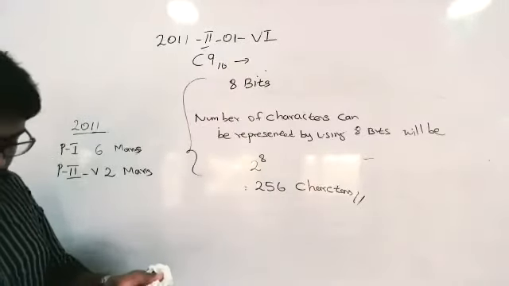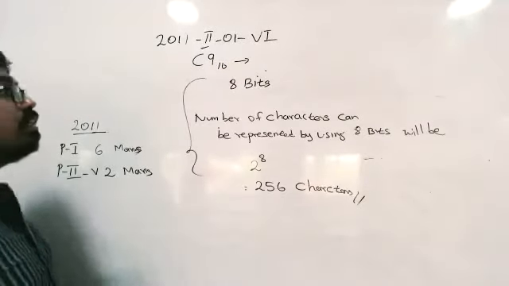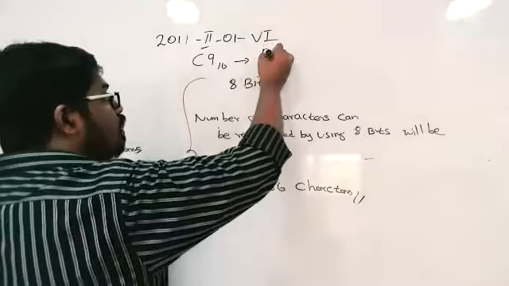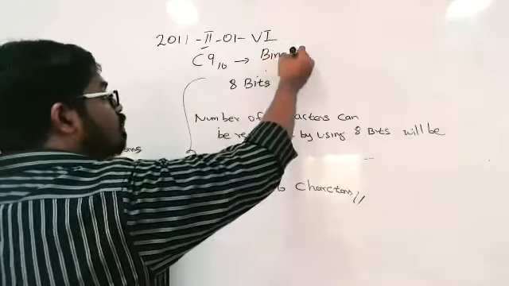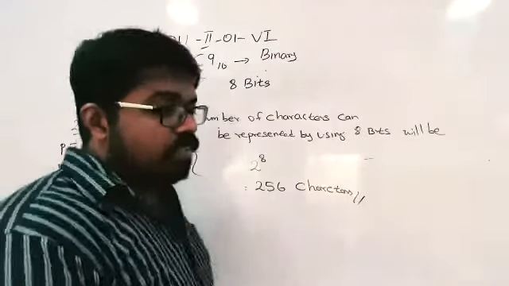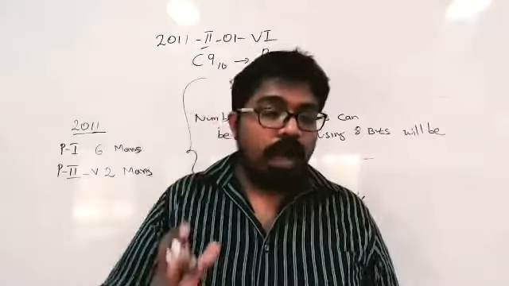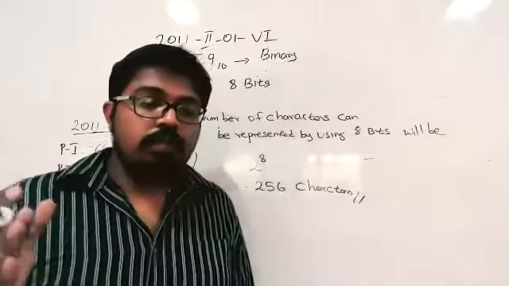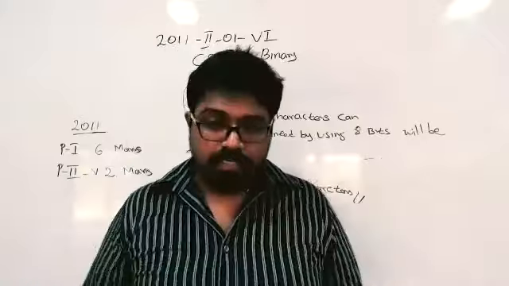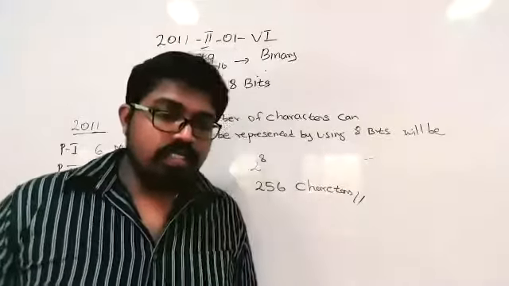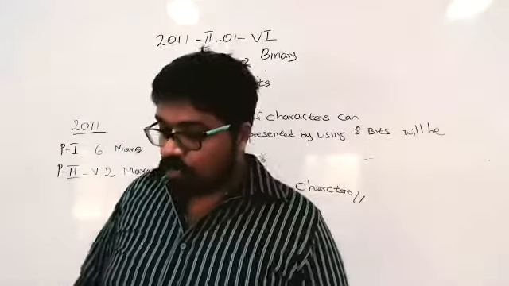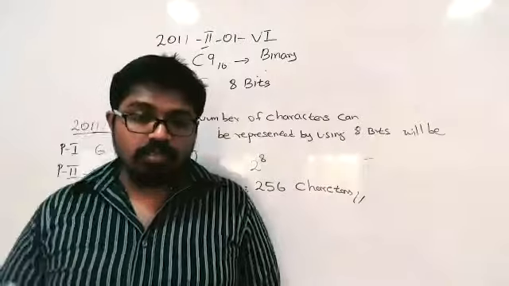They ask you to convert it to binary, and you have to write the computation steps. Always in part 2, write the computation steps. It is a must, and you will have marks.